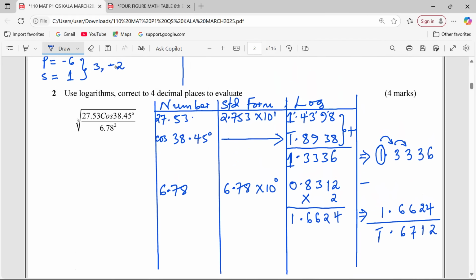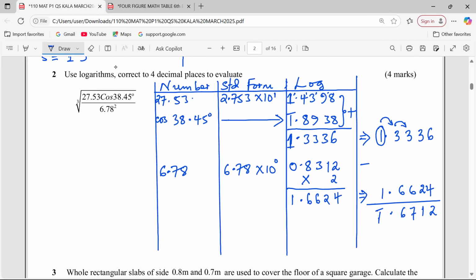After that, now we have to get the answer because we are having the final logarithm. Now we are supposed to work out the cube root there. When we are taking any root, we usually divide the final logarithm by that root. Therefore, we are supposed to divide 1.6712 by 3.